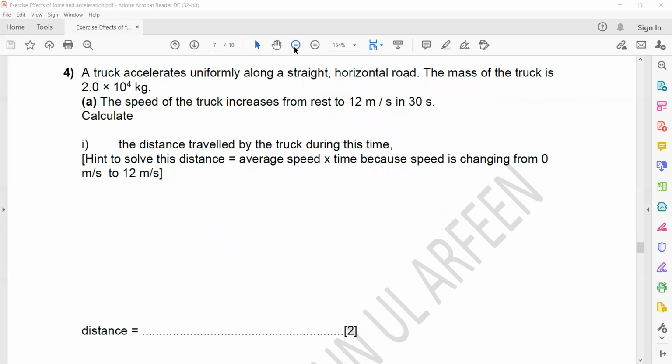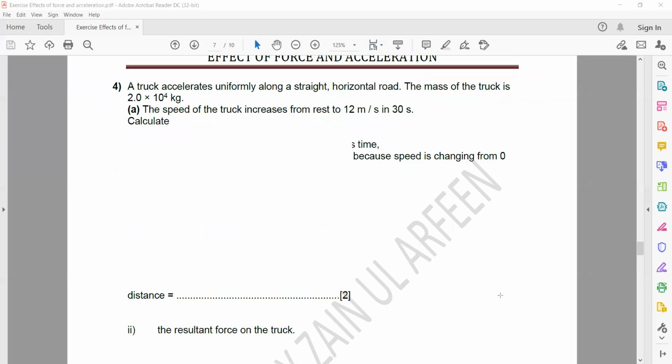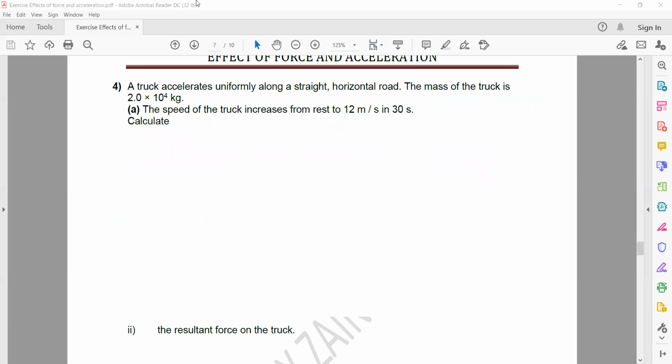The second part is the resultant force. How can we get the resultant force? I'm solving it here in the same place. To get the resultant force, we have the formula F equals ma. We have the mass, which is 20,000 kg, but we don't have the acceleration.